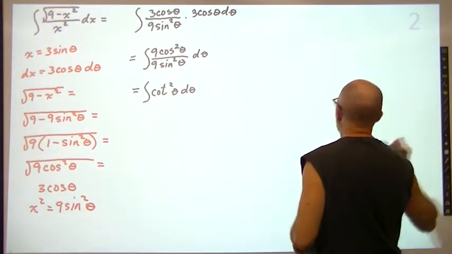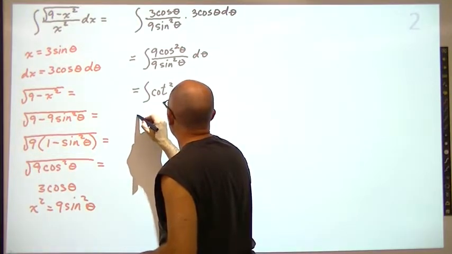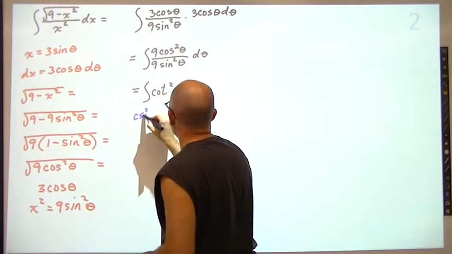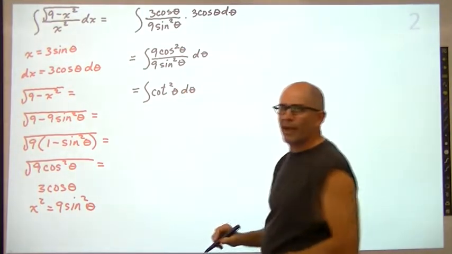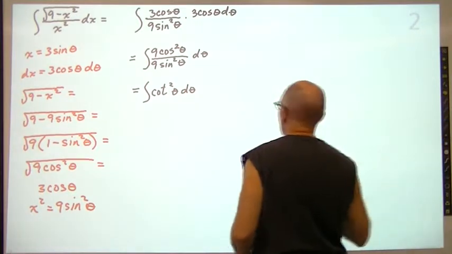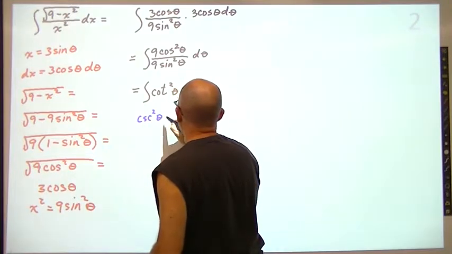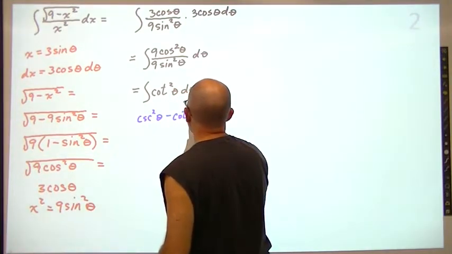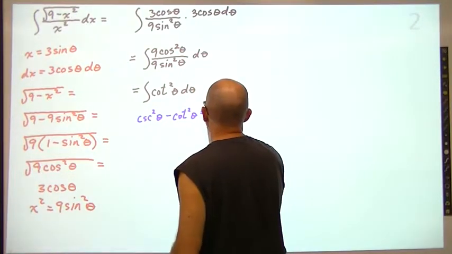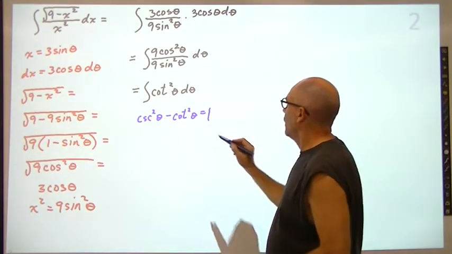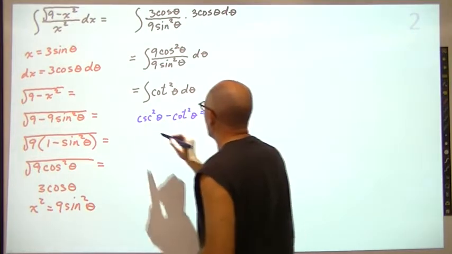Well, we know that cosecant squared theta minus cotangent squared theta equals 1. Now, cotangent squared theta then equals cosecant squared minus 1.